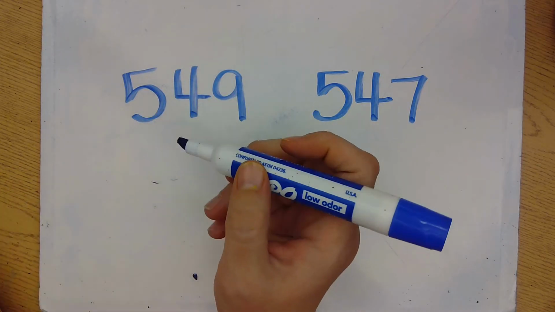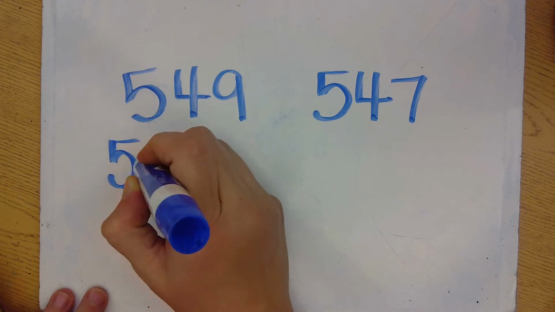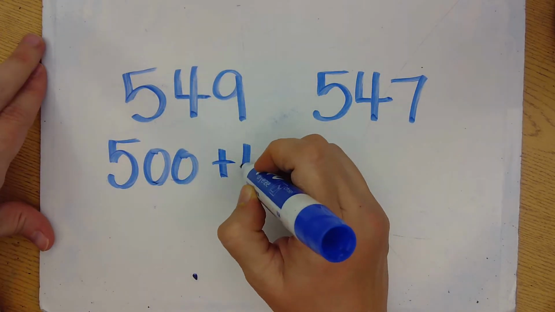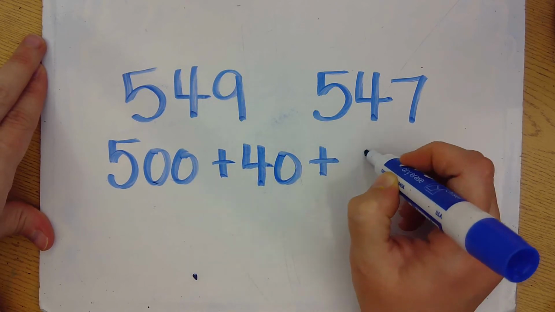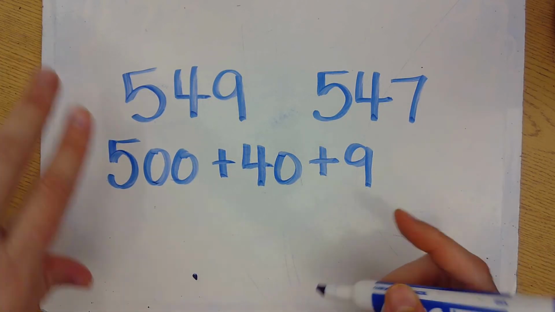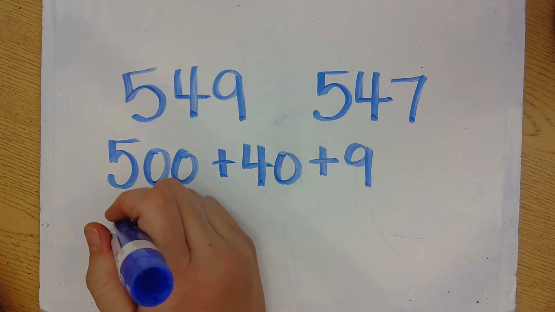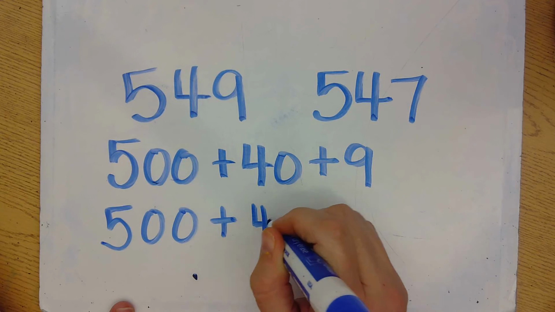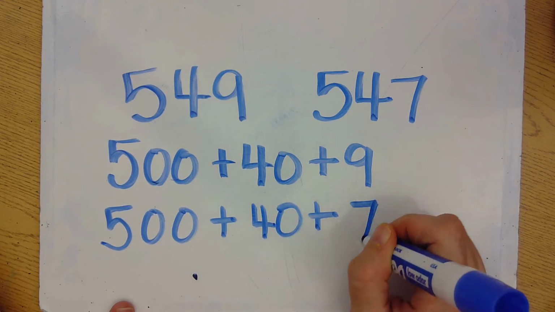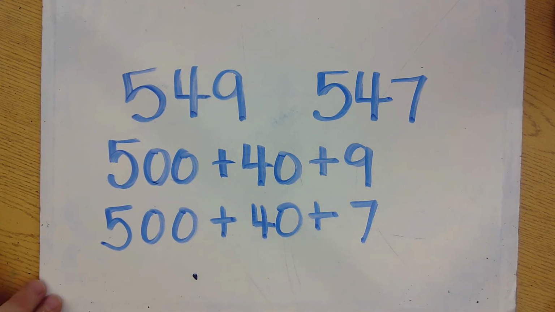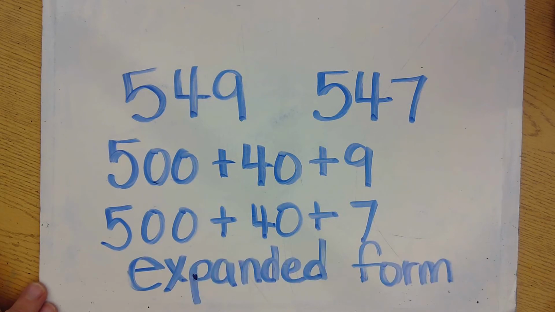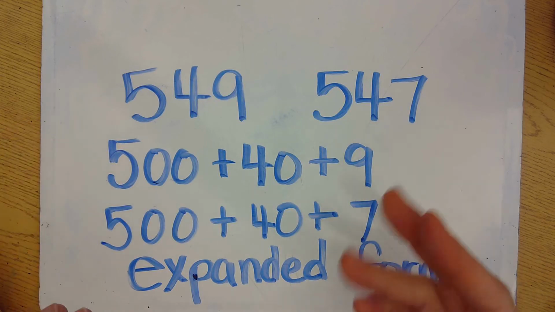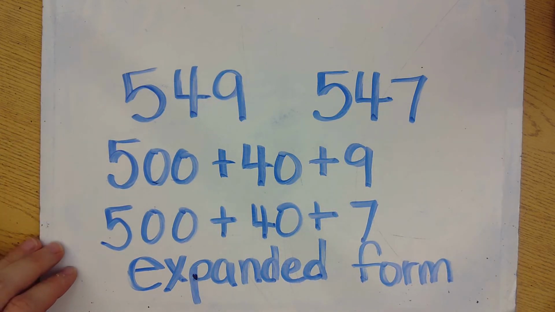So for 549, we would write out 500 plus 40 plus 9. For 547, we would write out 500 plus 40 plus 7. This is what we call expanded form. All we did was take the number and break it apart.